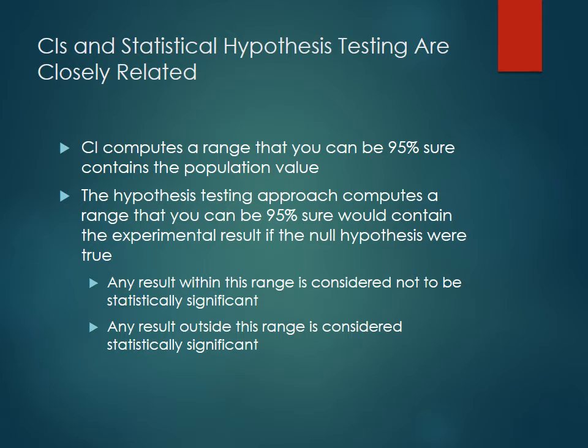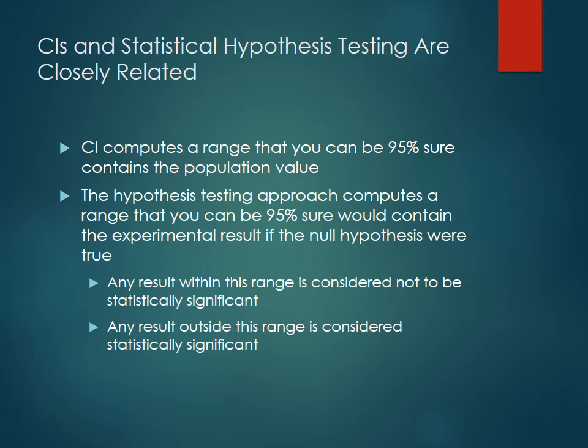So we'll continue on as we go talking about confidence intervals and how they are going to be really tied in with the p-value. So again, we know that confidence intervals are computing that range that you can be 95% sure contains that population value or your sample mean or whatever happens to be that you're evaluating.